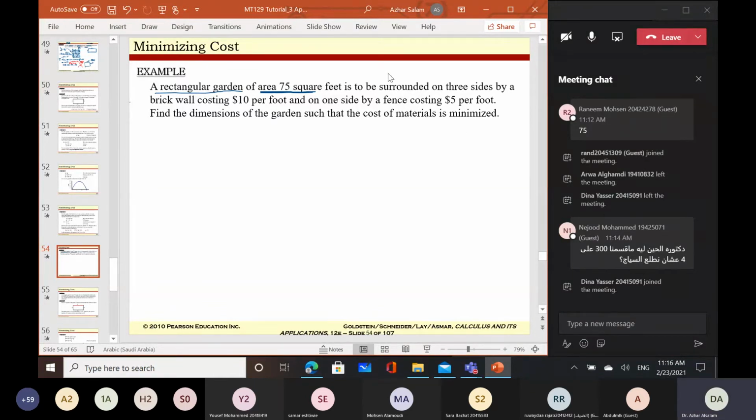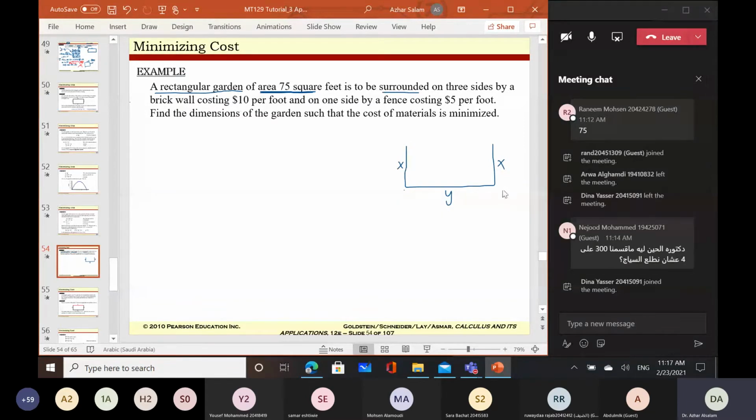75 square feet is to be surrounded on 3 sides by brick walls costing $10 per foot. So here I have 3 sides of a rectangular area. Let's say that this is x and this is x and this is y.